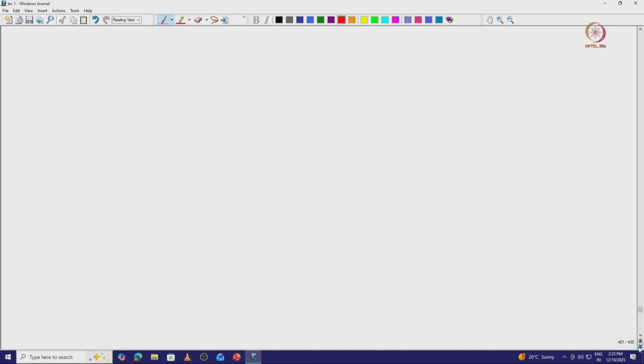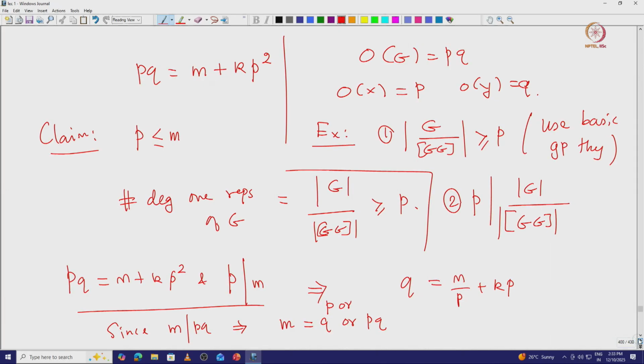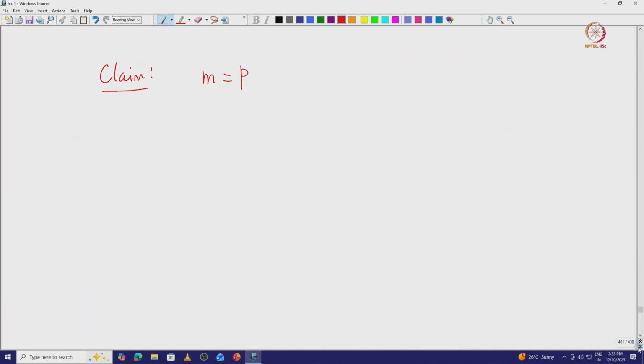So, our claim is going to be that m must be pq. m cannot be anything other than pq. That would tell us that the number of degree 1 representations is exactly the cardinality of the group.